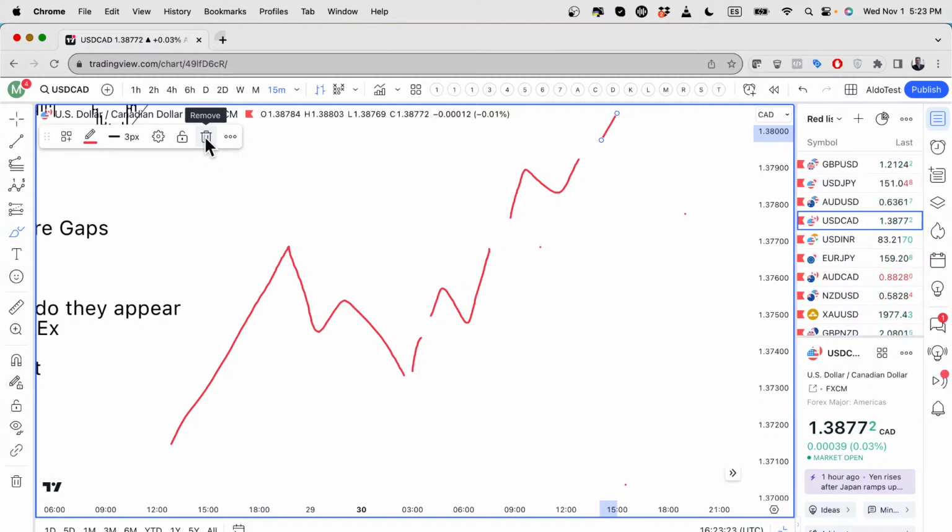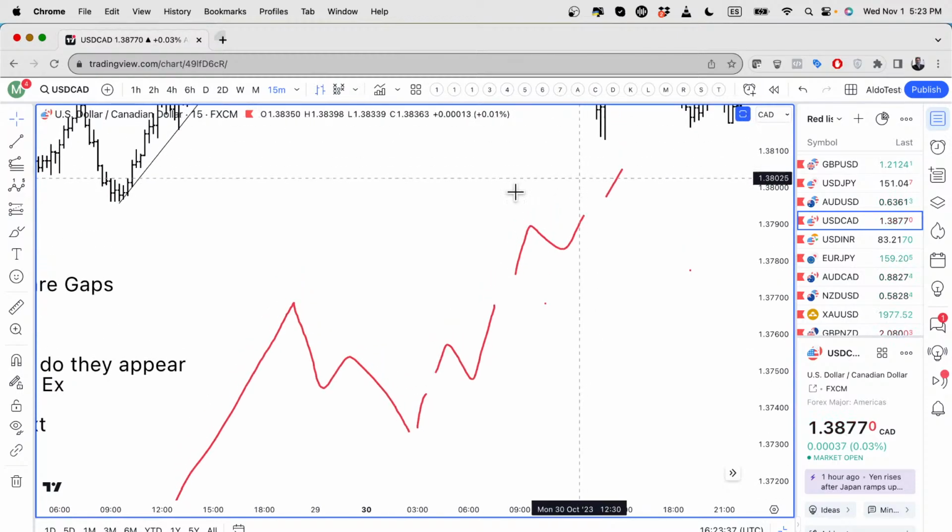What about gaps that form often in the opening? Well, the gaps that form in the opening are typically those gaps that are called common gaps. Those common gaps form because the difference between the closing of the previous day and the opening of the next day may be different.